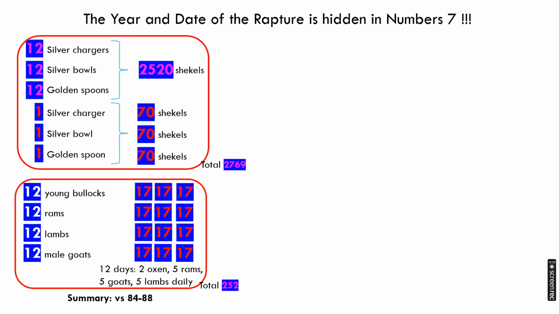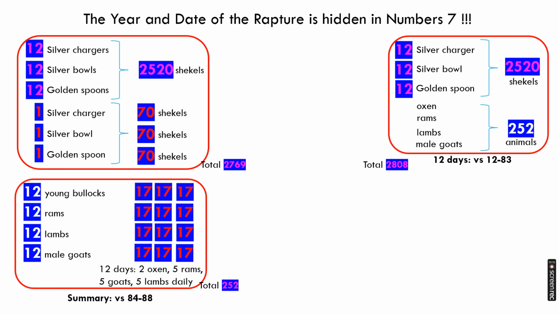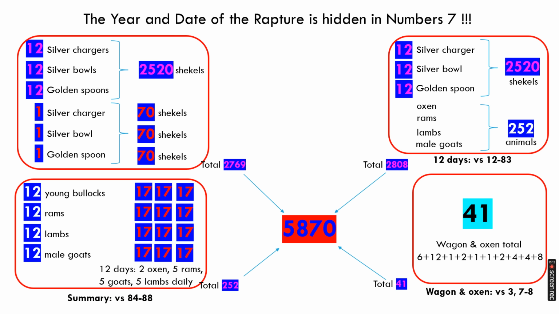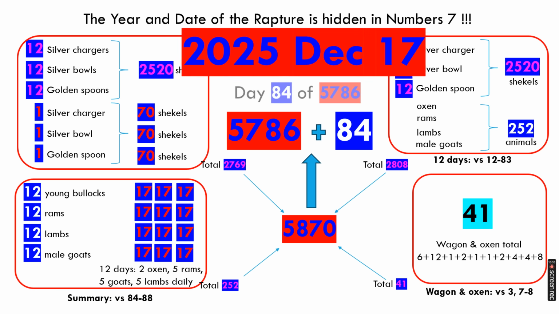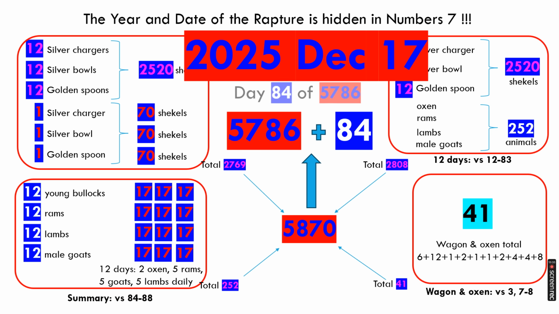Putting everything together, the grand total is 5870. This number is interesting as its mirror is 785, the Hebrew year just passed. But more significantly, it points to day 84 of the current Hebrew year 5786, which is 2025, December 17.